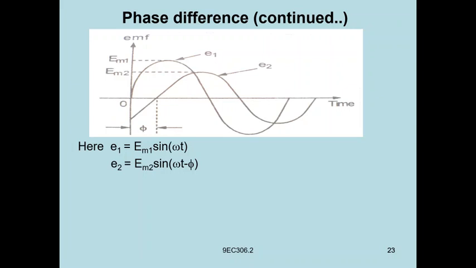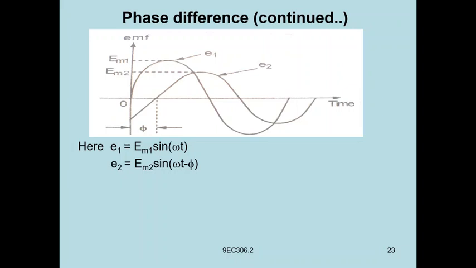See, a wave starting at 0 can be represented as sin omega t. When the wave does not start at 0, say it starts at 5 degrees, then the wave can be represented as Em sin (omega t minus 5).